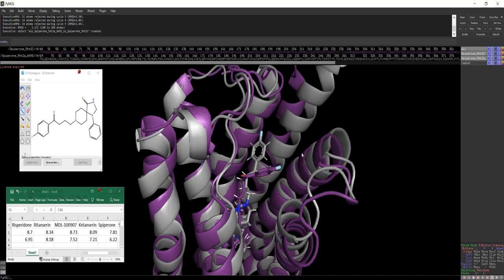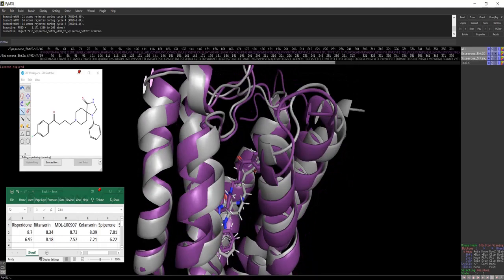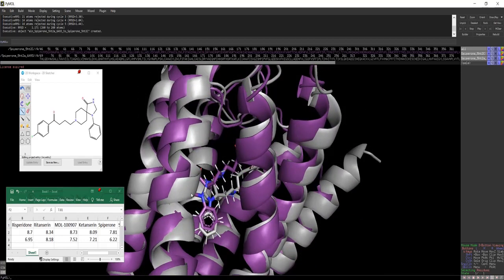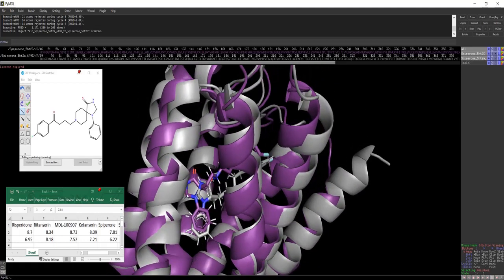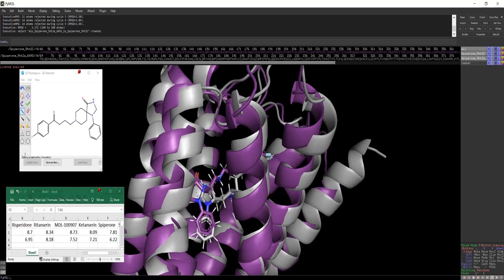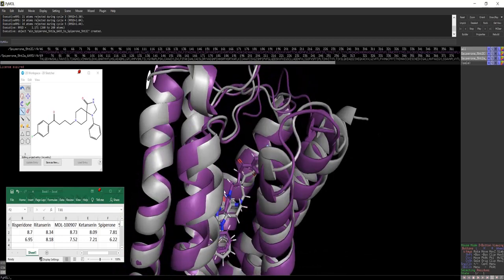And instead, we can see it points towards helix 7, but it doesn't go as far into it as the other compounds we've seen so far. And this slight shift to the left is again possible because the orthosteric binding pocket of 5-HT2C is slightly bigger than 5-HT2A, as we saw previously.